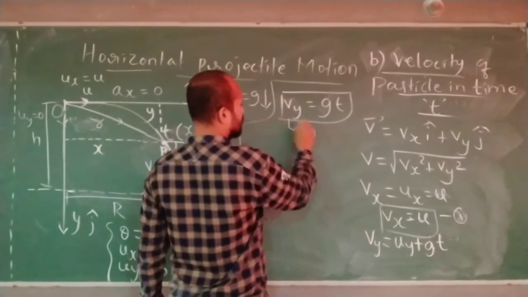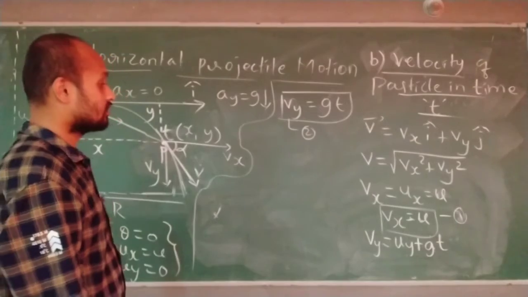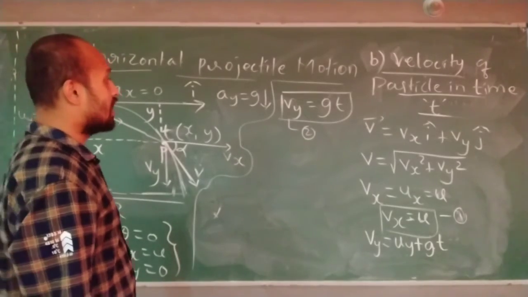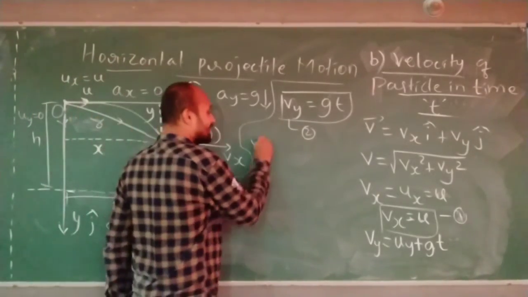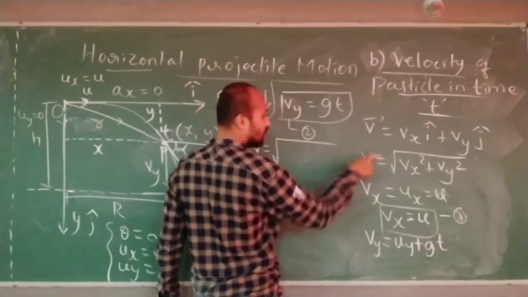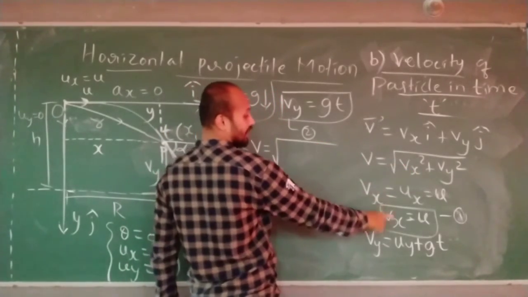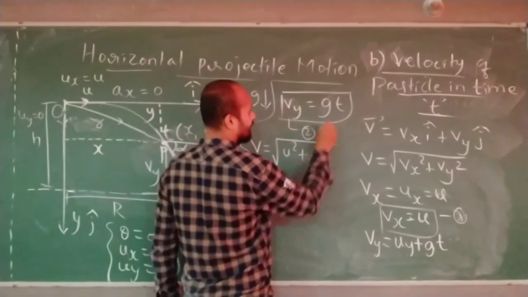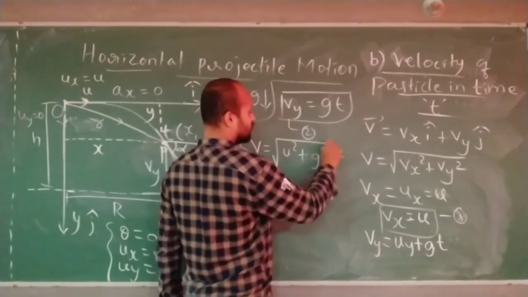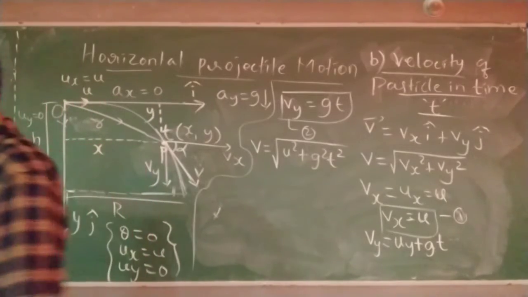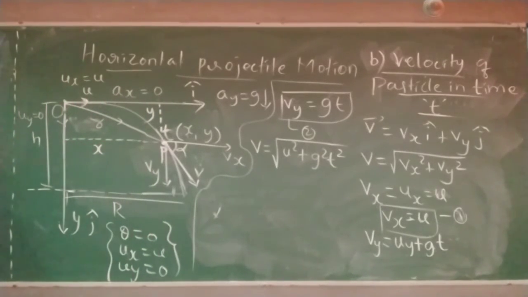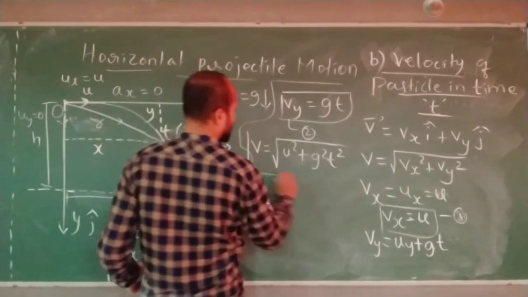This is equation 2. So the V magnitude will become root of Vx square plus Vy square. Vx is u, so it is root of u square plus g square t square. This is the speed of the particle at any time t.